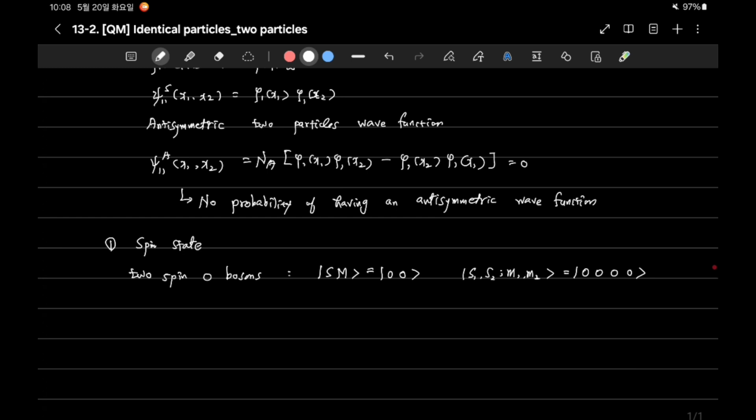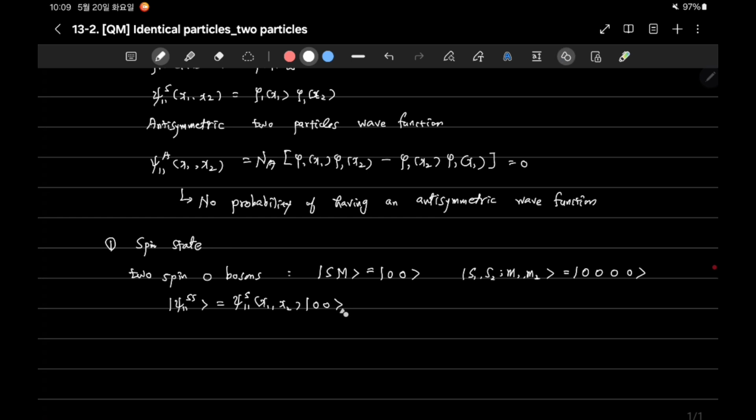Clearly it is a symmetric wave function. In the bosonic case, psi 1 1 x1 and x2 is symmetric. In both the fermion and bosonic cases, the antisymmetric spatial wave function is 0, so there is no possibility of an antisymmetric spatial wave function.